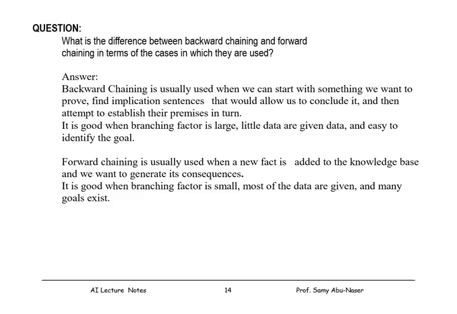So, in short, forward chaining: if the branching factor is small, most of the facts are given, there are many goals, and the goal is difficult to identify, we use forward chaining. However, backward chaining: if the branching factor is large, the data given is little, not many facts, and the goal is easily identified. In this case, we use backward chaining.